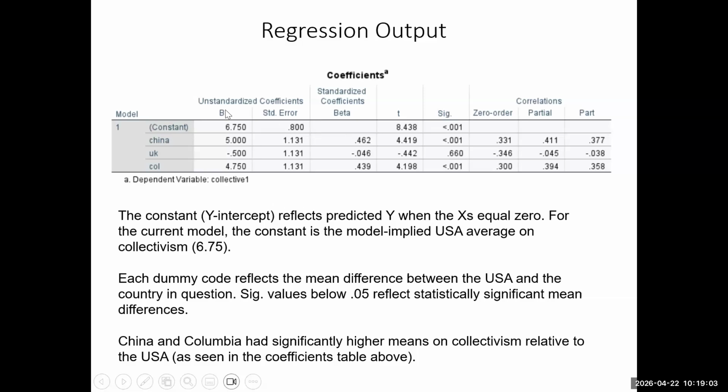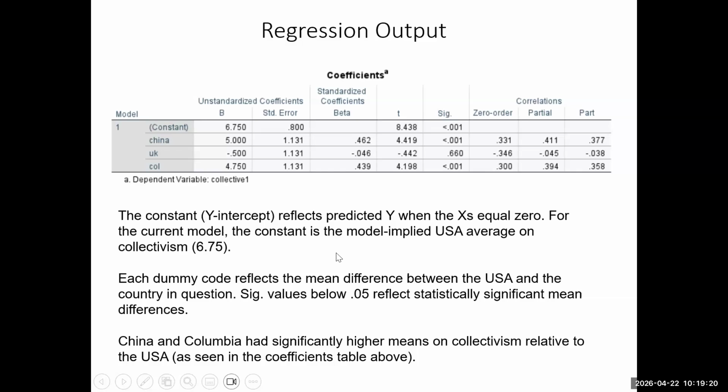Okay. Now, we could also use the unstandardized coefficients to derive the means for all of the groups. Okay, so the constant, which is the y-intercept in the model, reflects the predicted y when all x's are equal to 0.